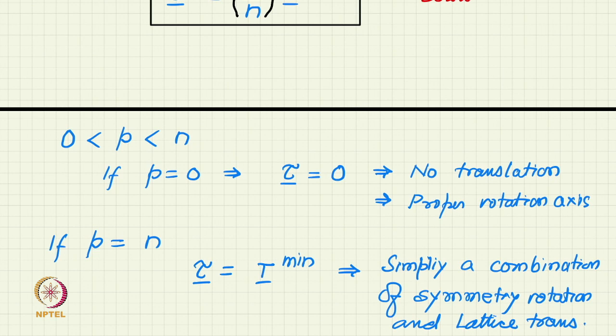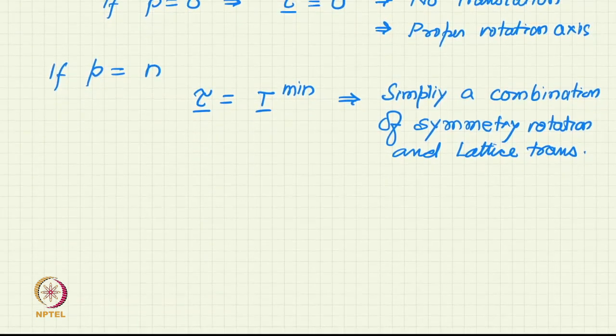So, the special cases which give us the screw motion or screw axis are the other cases. So, this is what will define the types of screw which we can have in a crystal.